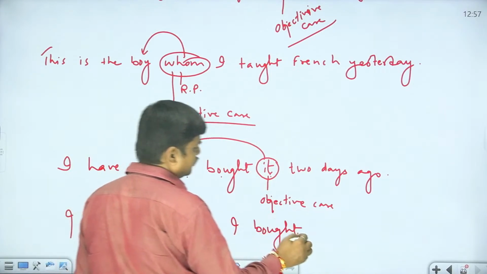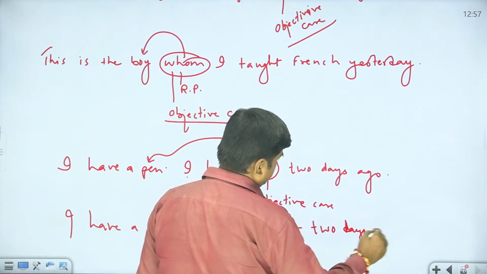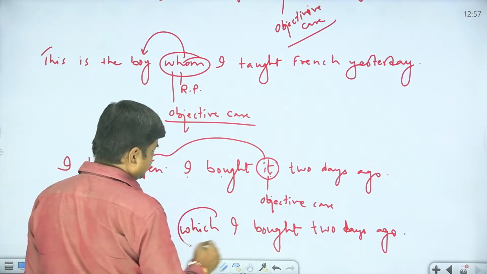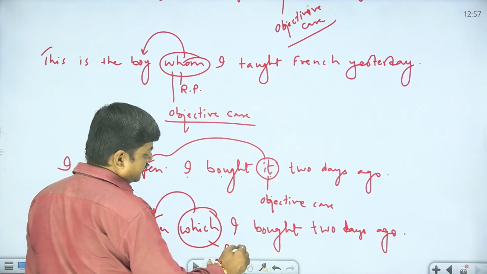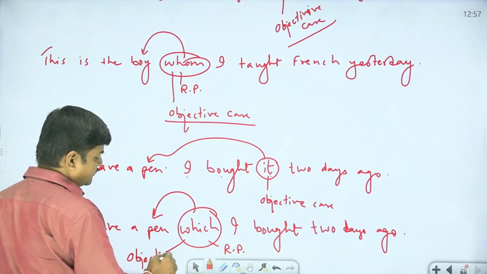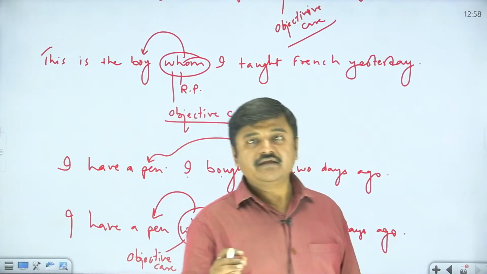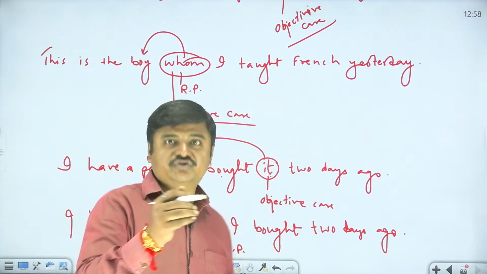Just leave this word. Now, this word is related to this, and this is a relative pronoun. Of course, this is in objective case. I hope you have a very clear picture of how relative pronouns are used.